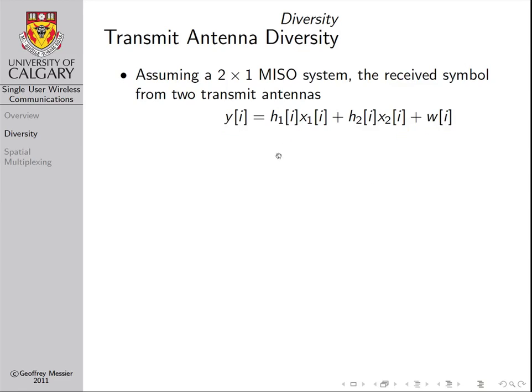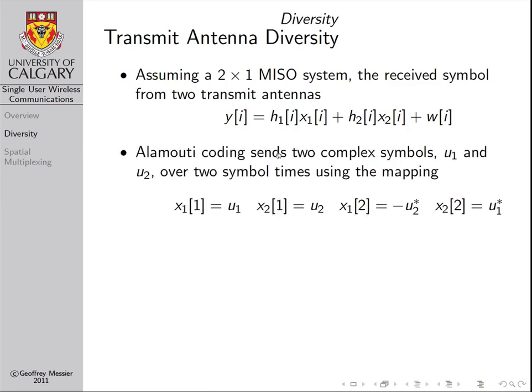And so this is what we have. The challenge is to separate these received symbols somehow and perform diversity combining on these two fading paths. Alamouti coding does this by using a very special form of what is now known as a space-time code.